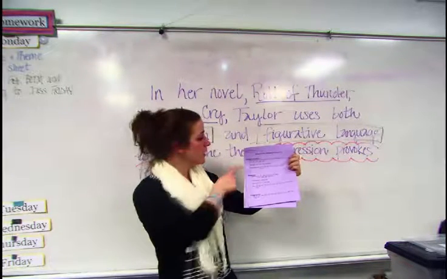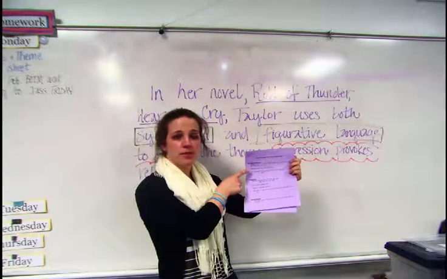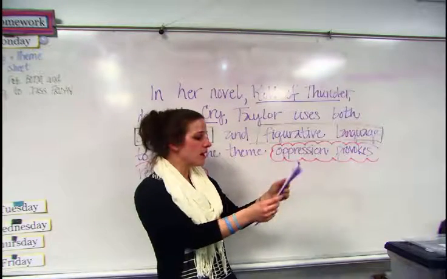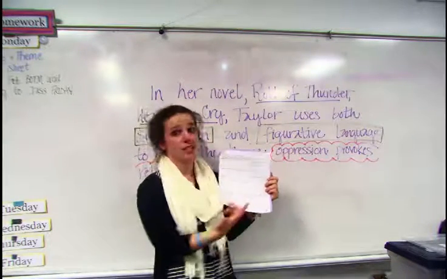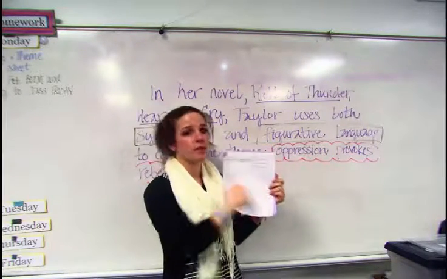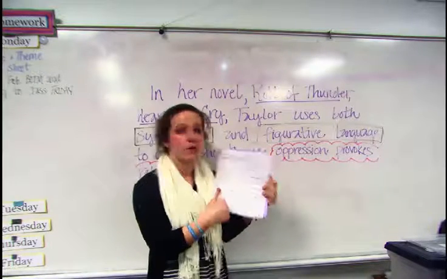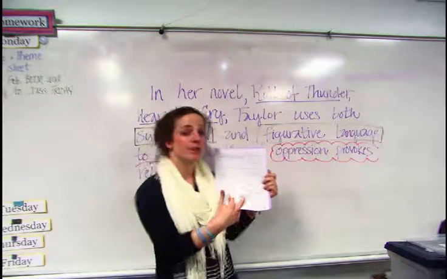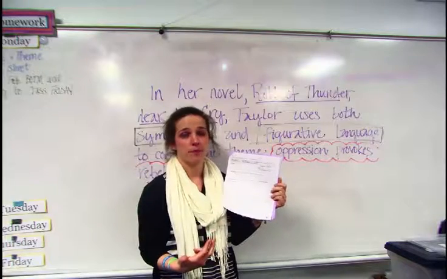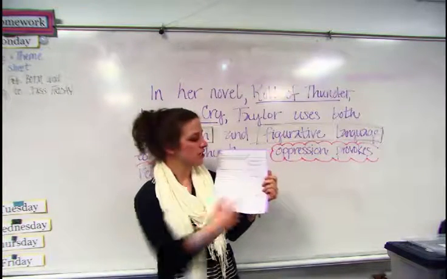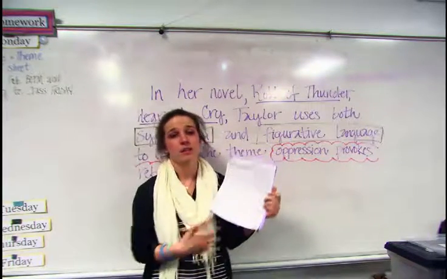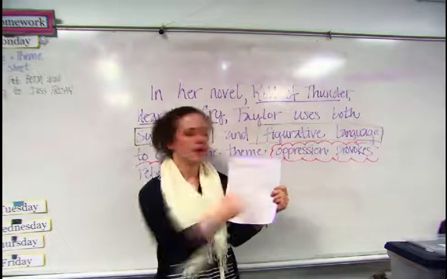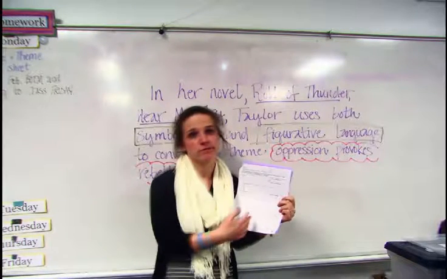If you're going to be looking for examples of figurative language, you can, if you wanted to, find all four examples as similes. Or you can find two similes and two metaphors that support the theme. Or a piece of personification, two metaphors, and a simile. So as far as figurative language goes, you don't have to stick to all of the same one. You could, but you don't have to.